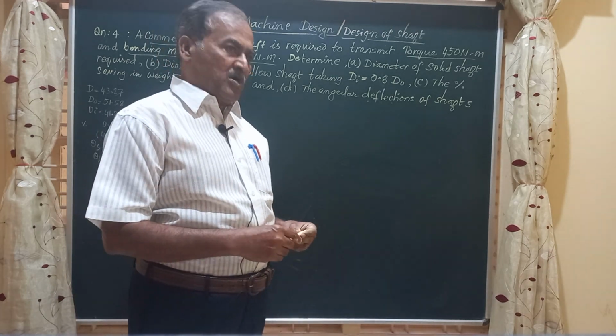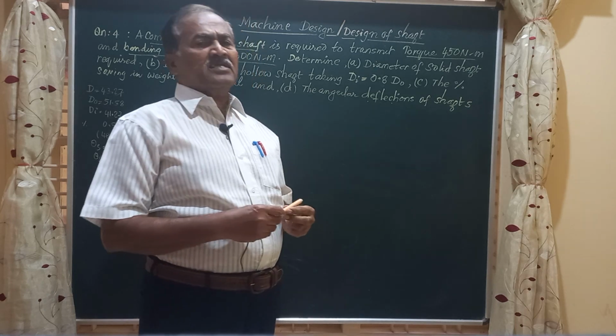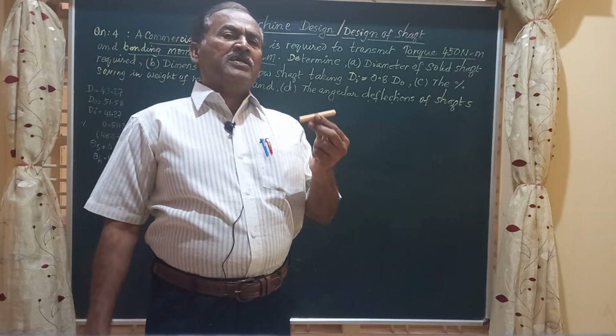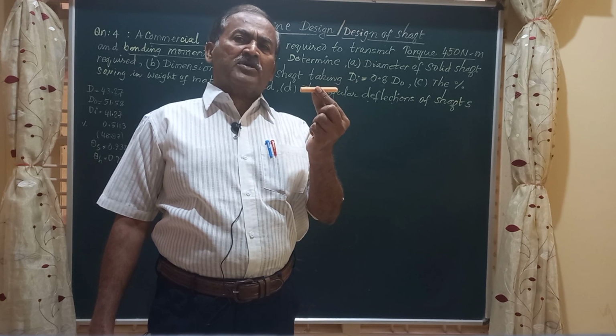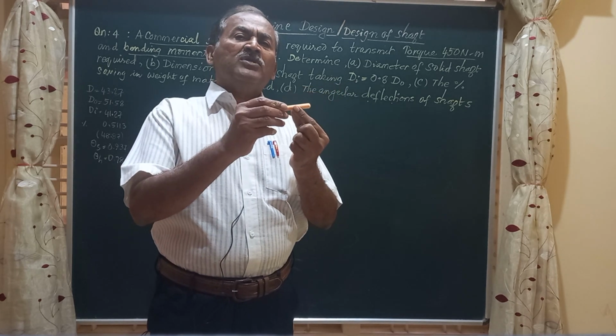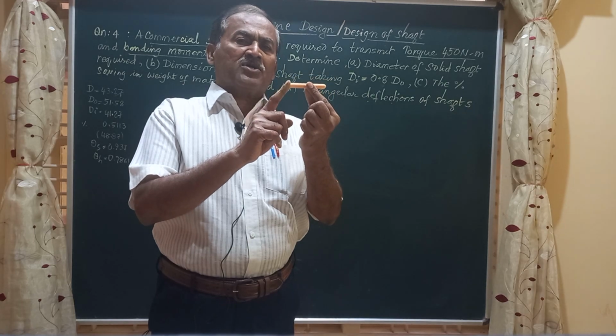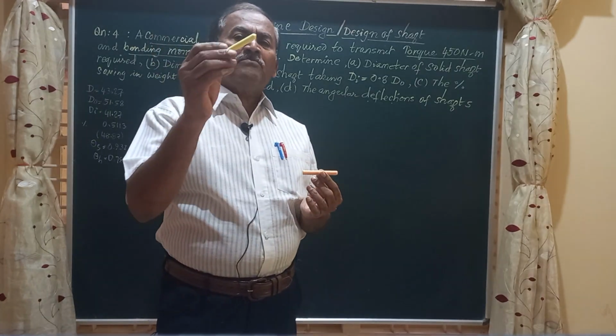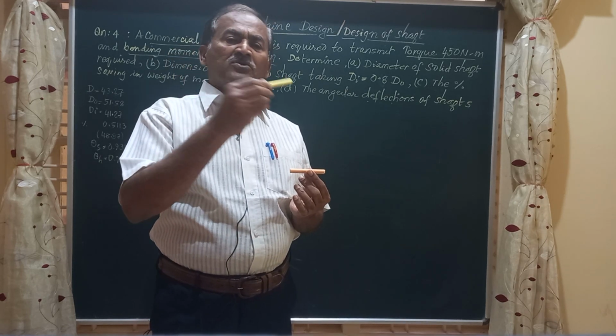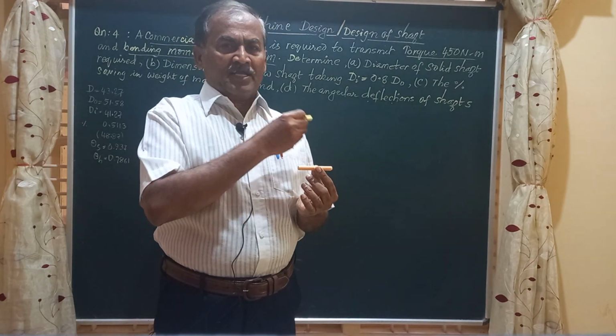Friends, for this part, let us say we will take a unit length. It could be a meter, a centimeter, whatever it may be. We will take unit length of a solid shaft having that diameter. Similarly, the same unit length of a hollow shaft with the dimensions we have arrived at.